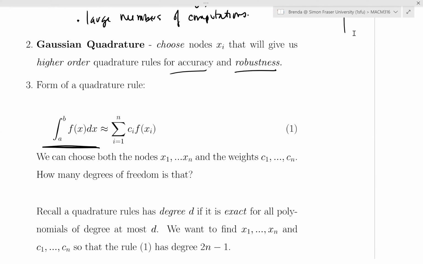We can choose these little weights, whatever we multiply by, and we can choose where to evaluate the function. Right, that's it. That's what they all look like. There's something times f at something, plus something else times f at something else. That's the whole question.